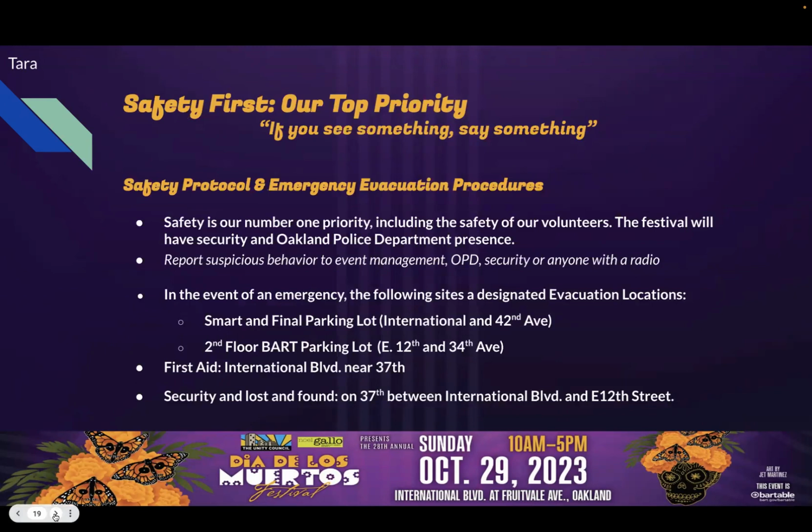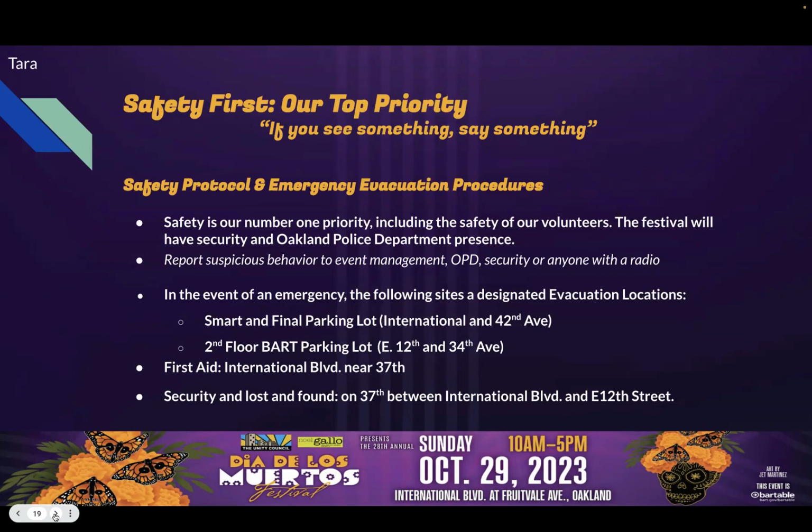Okay, so safety first is our top priority. If you see something, say something. I know we've all heard this before. So if you see something that's happening and you need assistance, if you see anybody walking with a black t-shirt that says production, you can go to them. They will all have walkie-talkies, or you can find your team lead or your area manager once you get introduced to them when your shift starts. So please report any suspicious behavior to event management.